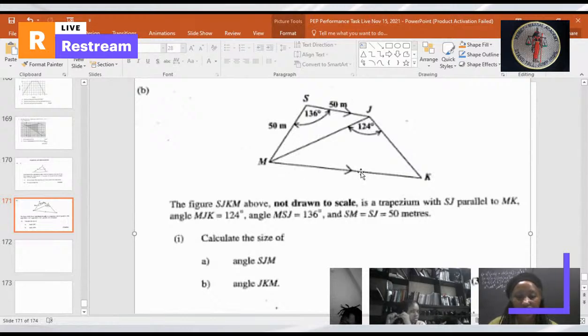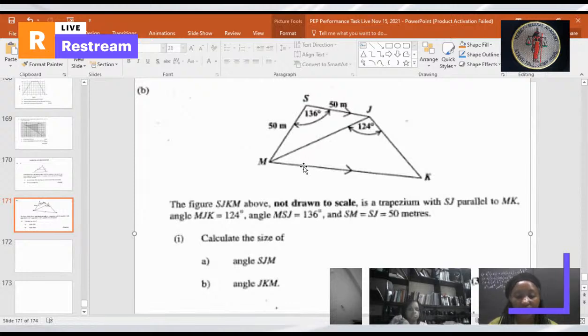So these are the two parallel lines. Whenever we have a transversal cutting across two parallel lines, we have alternate angles being formed. Some persons call it the Z angle. This is the Z. So this angle here is equal to this angle here. They're alternate angles.